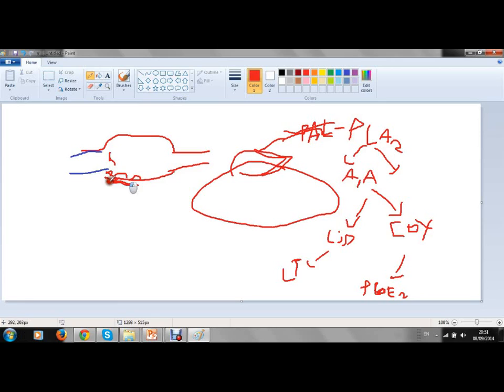So this area is full of receptors and this area is kind of poor. This is a type of question that can appear on exams such as the USMLE. So the increase in the intraendothelial gaps is bigger on the venule side of the capillary than on the arteriole side.